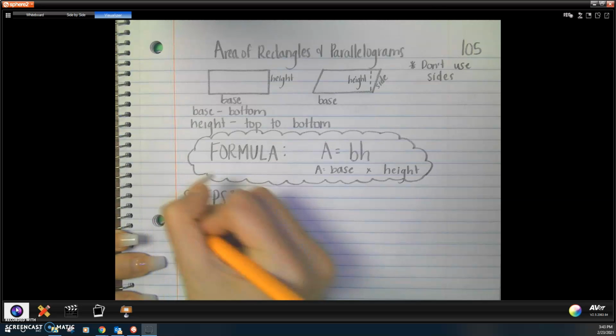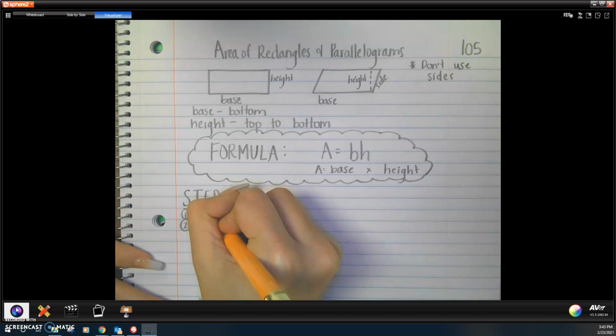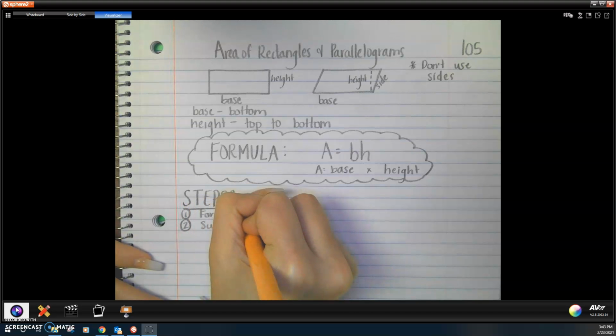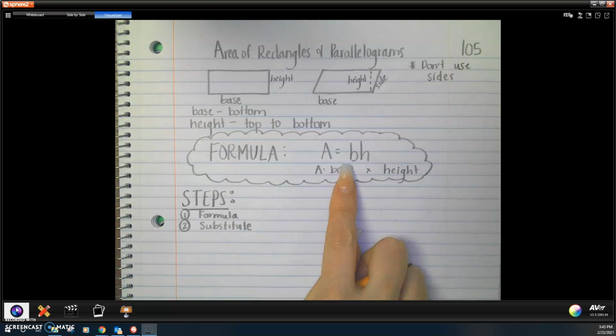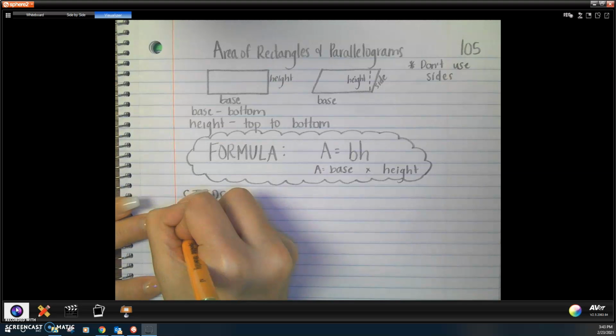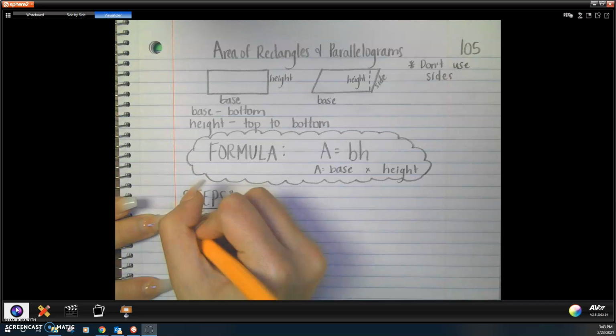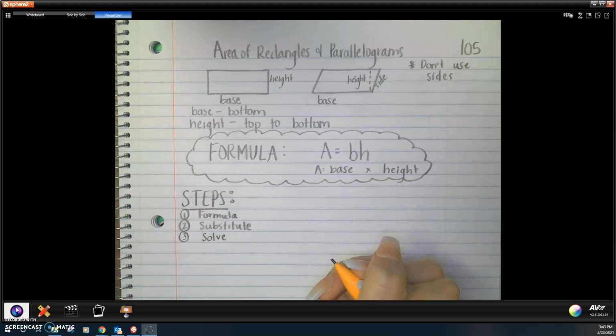Second step is going to be substitute. And just like the substitute teacher, they come in to replace the actual teacher. We're going to be replacing our formula with numbers. And then step 3, we solve.